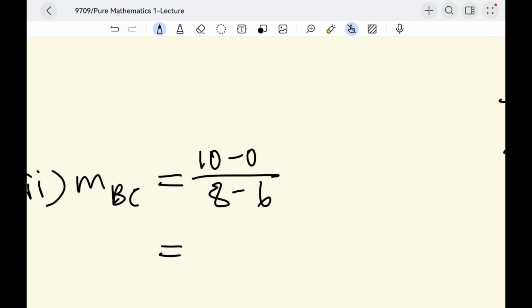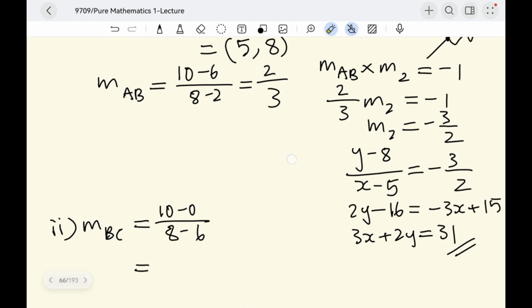So it is not necessary to always use the gradient of the point (10, 8). Instead you can replace 10, 8 by x and y, so I can do it this way. All right, so 10 over 2, which is 5.